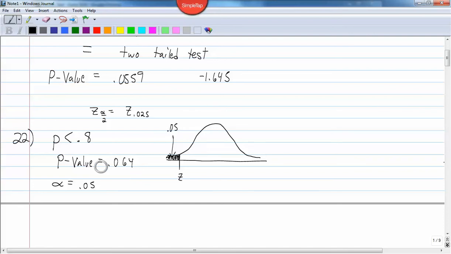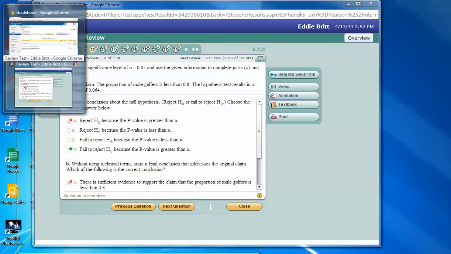If this p-value is less than this area here, then we will reject the null hypothesis. If this p-value is greater than this area here, then we will fail to reject the null hypothesis. Okay, so let's go back and rewind and listen to that again if you need to.